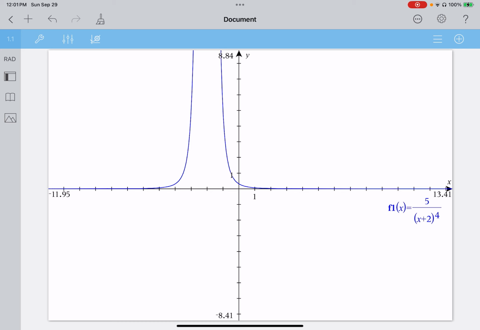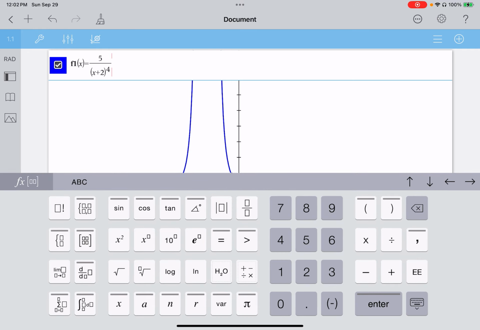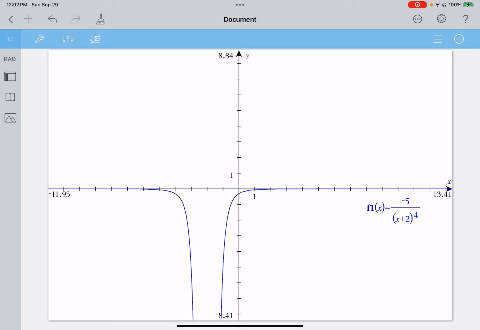But if the factor has an even exponent, then both sides will be going in the same direction. Now what would happen if I were to make this a negative fraction and I kept the power of 4? If I were to add a negative leading coefficient, now both of them are going down.